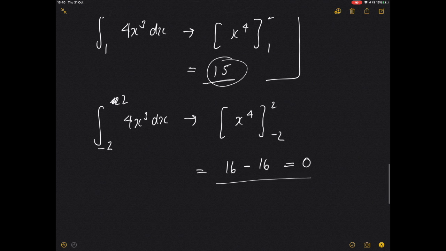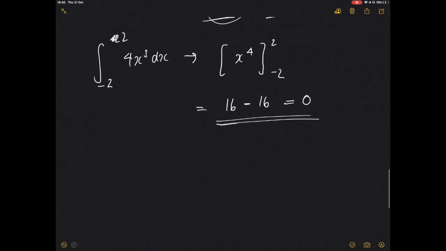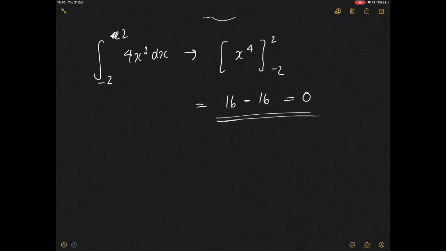So our integral would be 0. It's perfectly okay to integrate and get an answer of 0. We'll leave it there for this bit, and then we're going to look at how correct this is and what some other types of examples you might have.